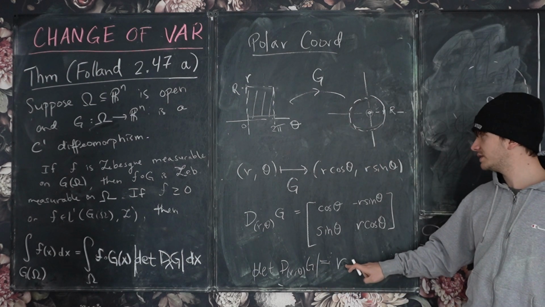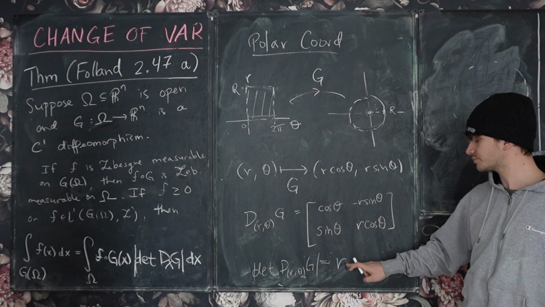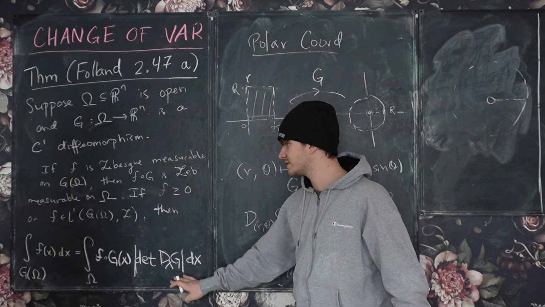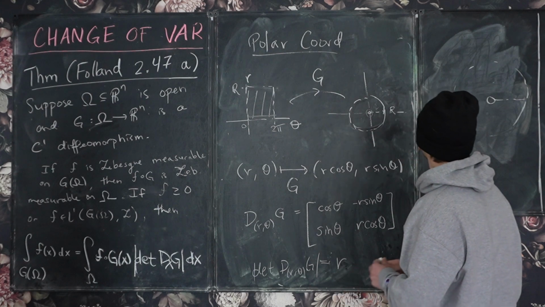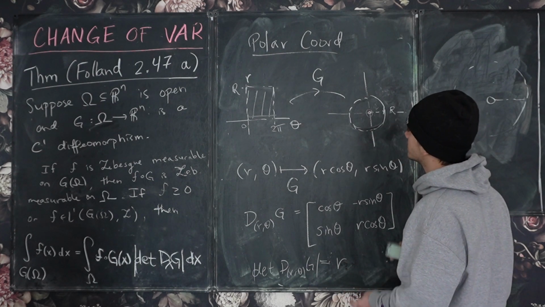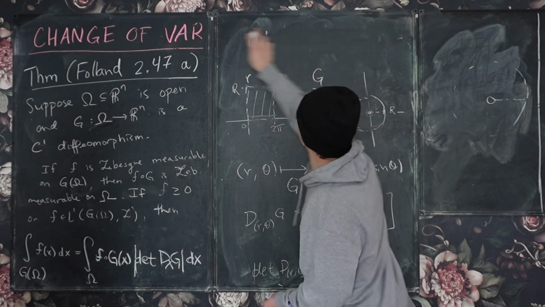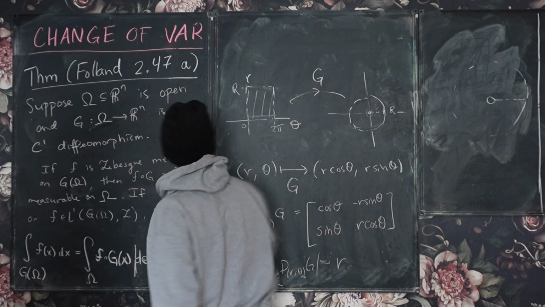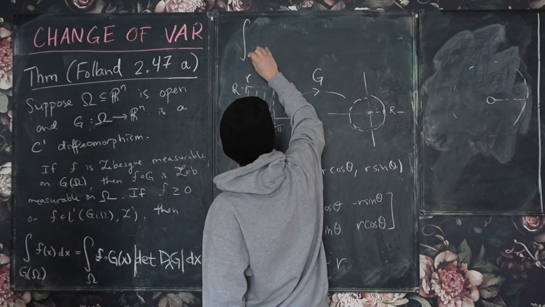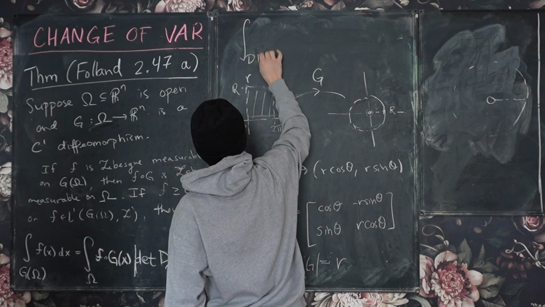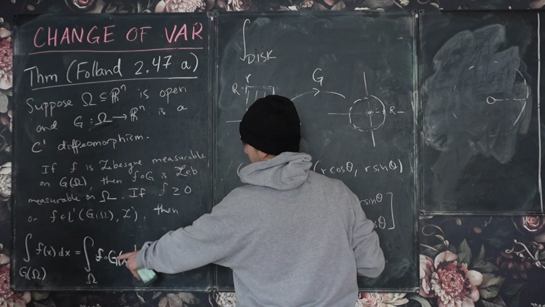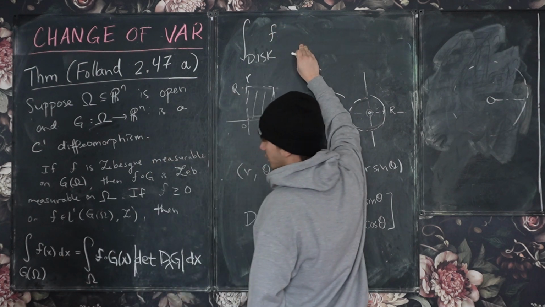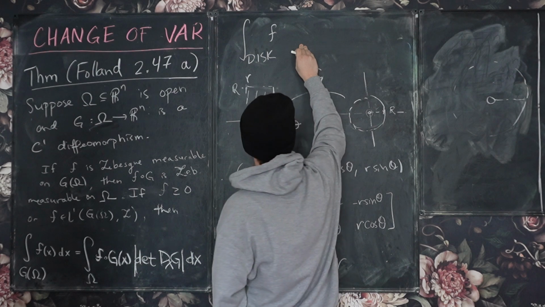So what this means, in terms of what this theorem is saying, is that if I integrate, let's go ahead and put it up here, over the disk, which is the image of omega, so this is the disk here, of some function f over this disk, okay?